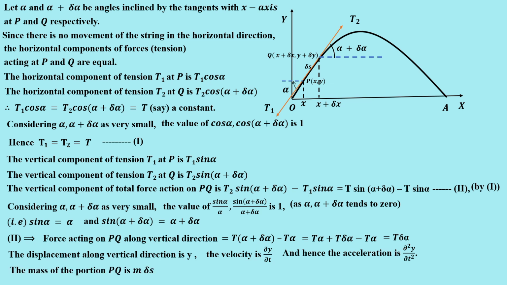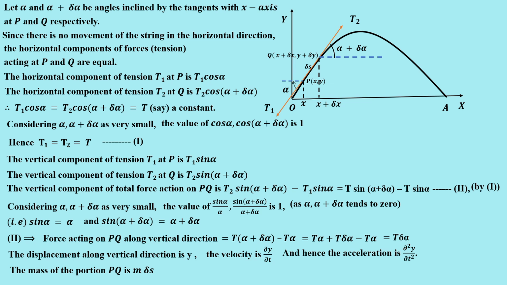The rate of change of displacement with respect to time is velocity, dou y by dou t. The rate of change of velocity with respect to time, dou by dou t of dou y by dou t, that is dou square y by dou t square, is the acceleration.